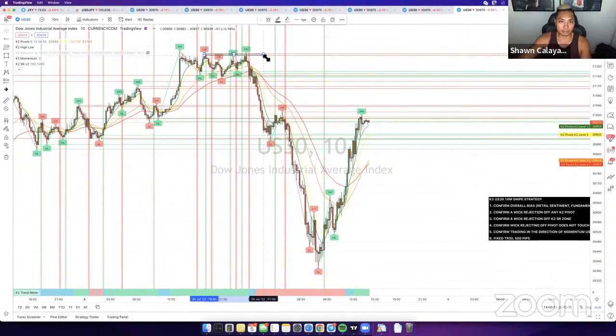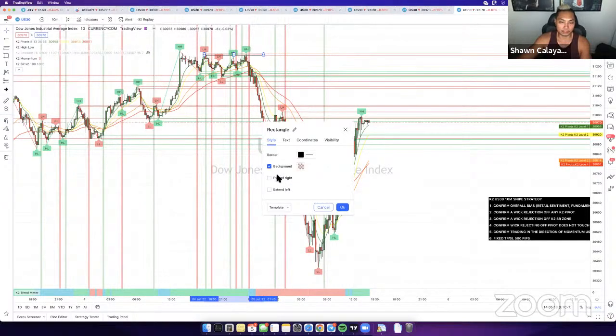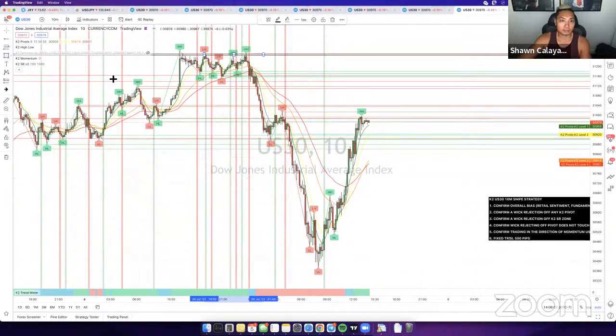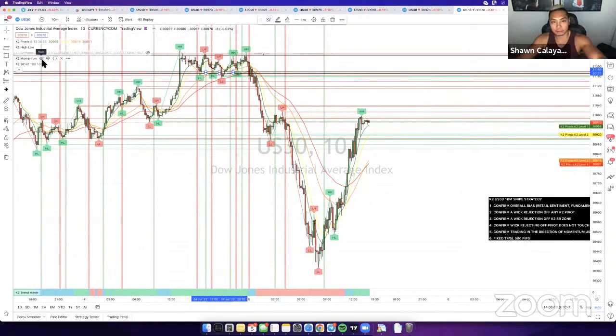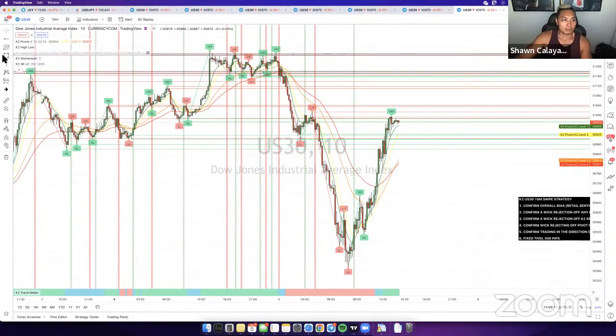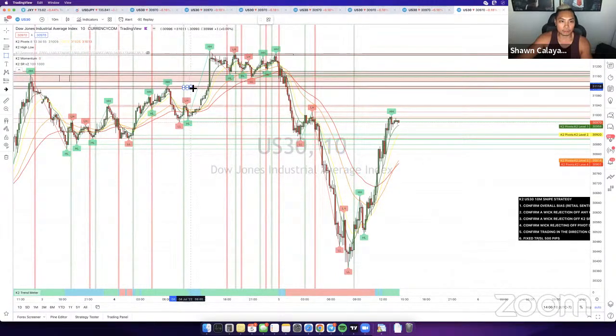If you wanted to extend across like I typically do, you just go to your settings here for the rectangle tool, extend right, extend left, and this is how you draw the zones. I'll just draw them out right here so that you can see, and then if there's any further questions regarding this, feel free to let me know, and then I can show you how it looks after.